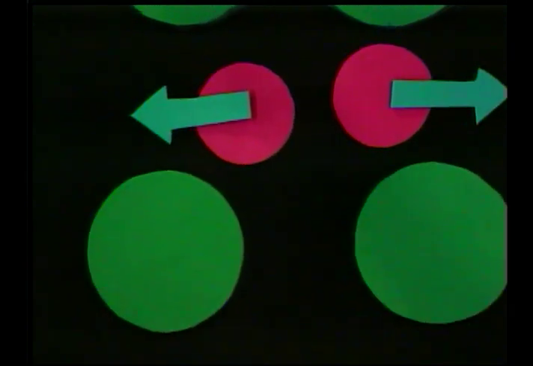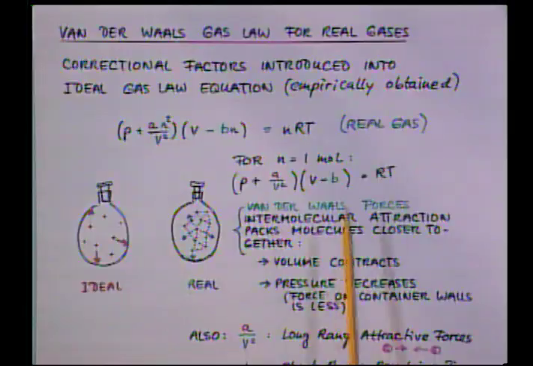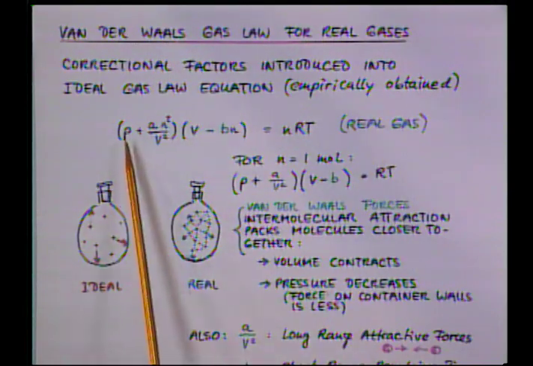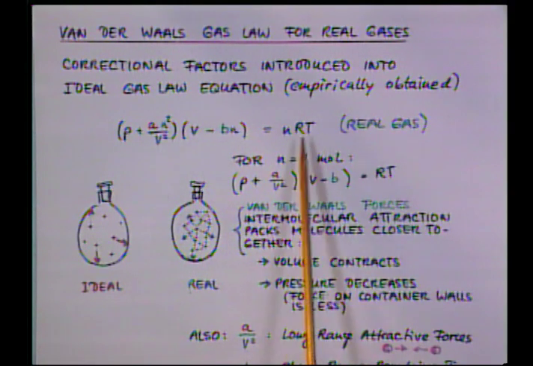So there are forces to be reckoned with, as we can see, and these are called, all in all, intermolecular forces. And this leads us to the van der Waals equation. And notice we still have P and V, and we have RT and n.